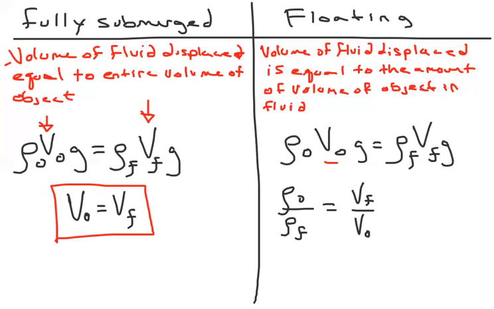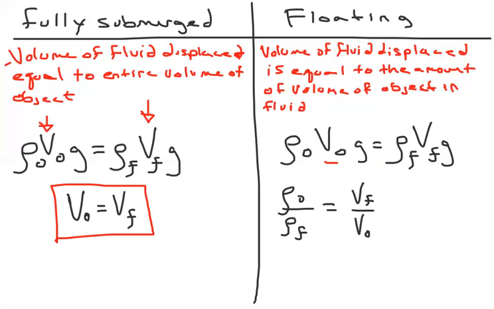Okay, but in terms of looking at just a volume to volume ratio for fully submerged objects, right, it makes sense that the amount of fluid displaced is equal to the entire volume of the object if all that object is in the fluid. Where if the object's floating, then however much of the volume of the object is in the fluid is how much volume of fluid is displaced, right?